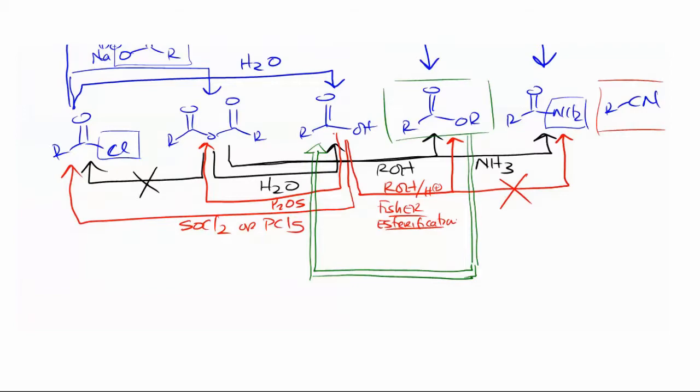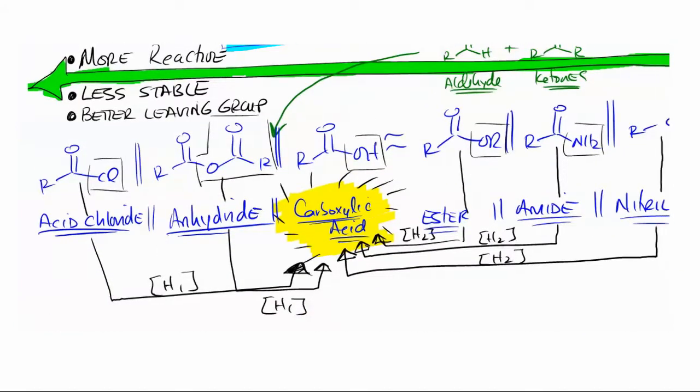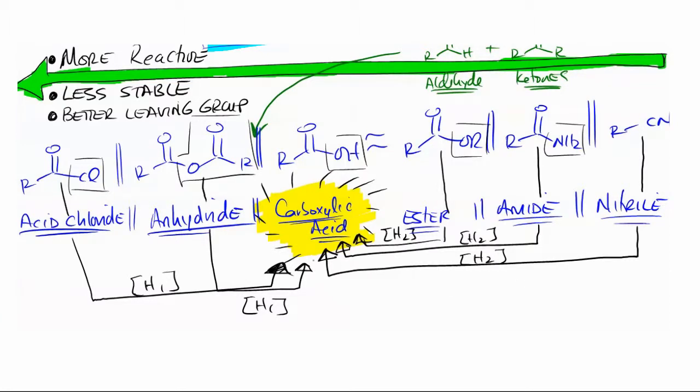All the carboxylic acid derivatives can be hydrolyzed back into the carboxylic acid. So anyone you start off with, you can always convert it back to a carboxylic acid. Then you can always convert it to the acid chloride and get everything else downstream by adding whatever the nucleophile is.